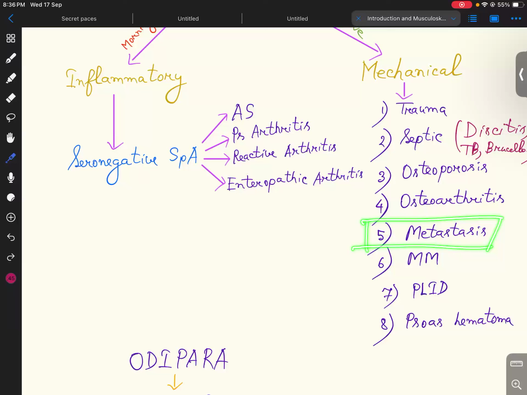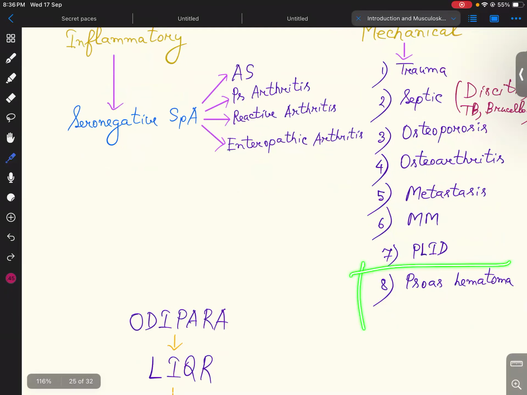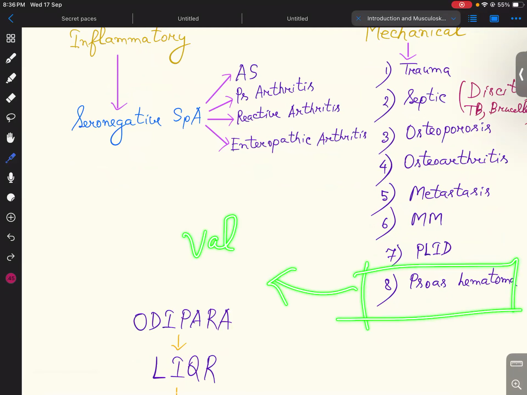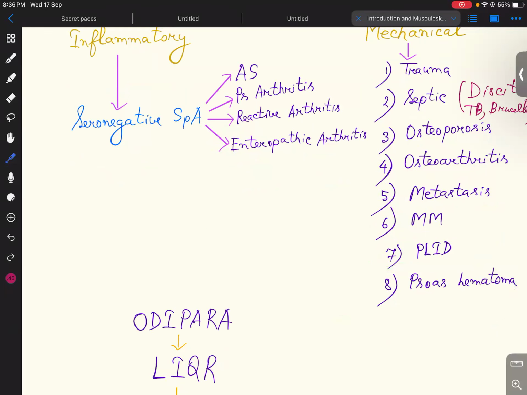Then comes multiple myeloma. It is actually less important. Then PLID. You have to exclude PLID by asking whether the pain goes anywhere, like the lower limb. What is PLID?